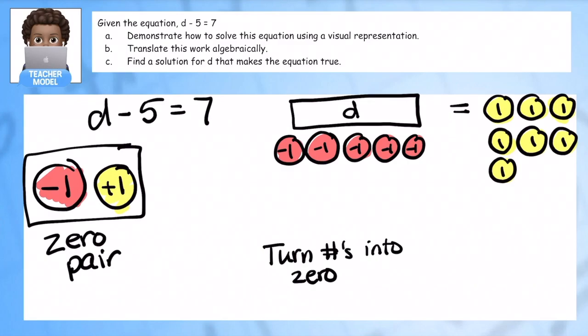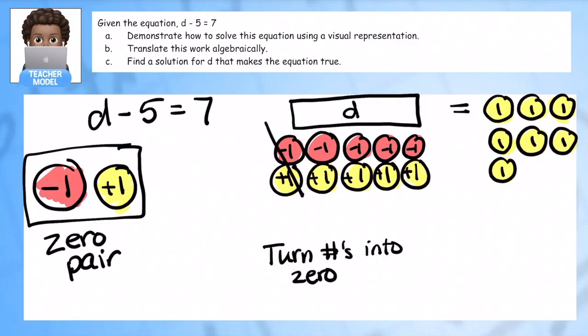By adding their opposite. So I'm going to add a 1, add a 1, add a 1, add a 1, add a 1. When I do that, these are all going to turn into zeros. We're going to make a 0, a 0, a 0, a 0, a 0, which would only leave me with my d.